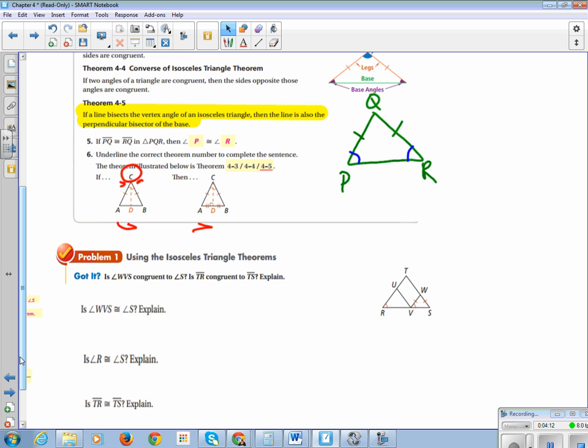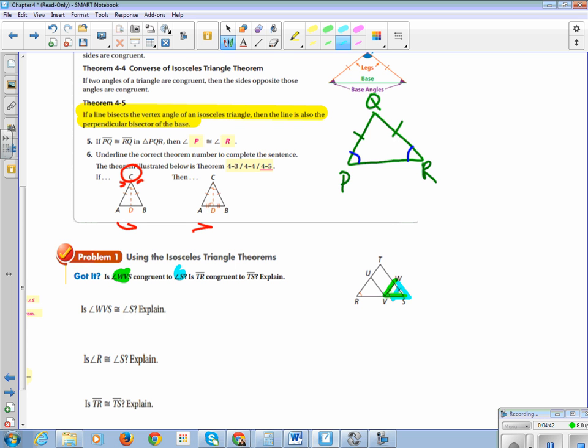Okay, let's look at our little picture here. So I like to mark up my figures. Is angle WVS congruent to angle S? Angle S is right there.